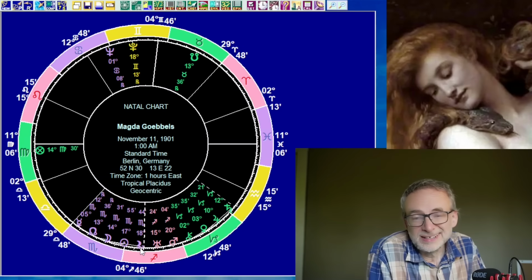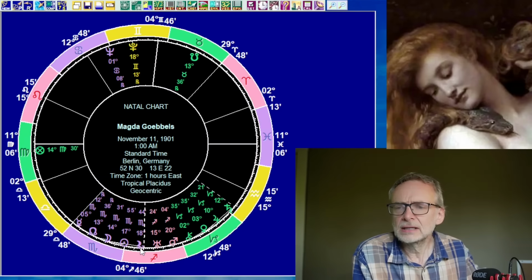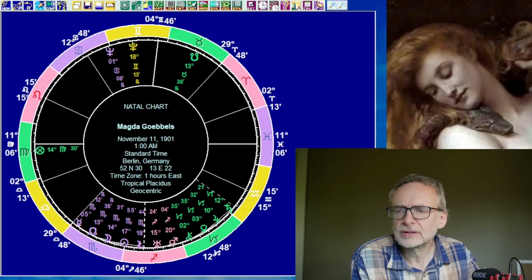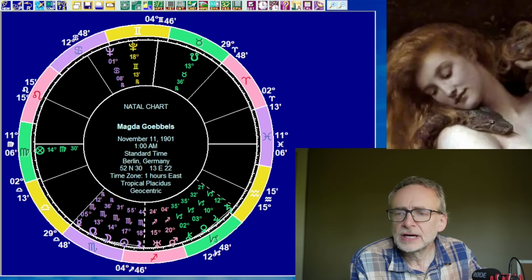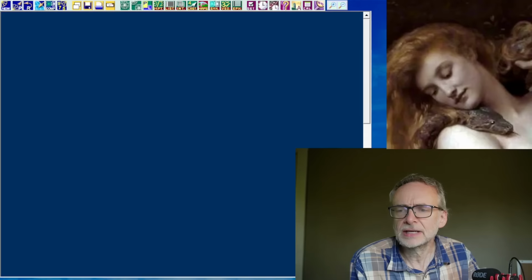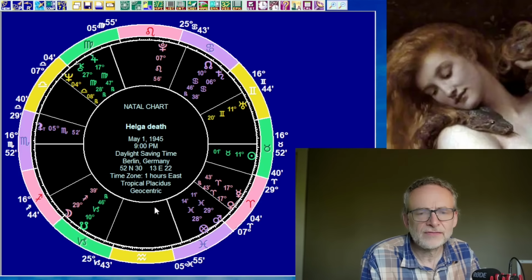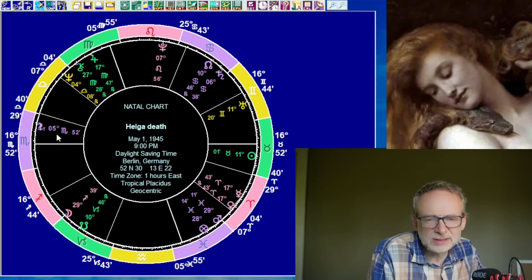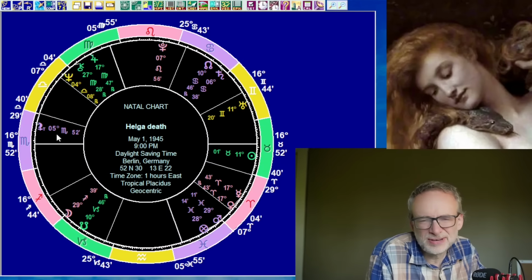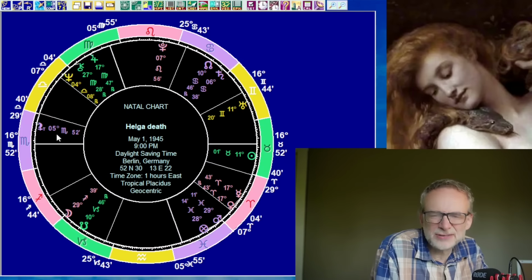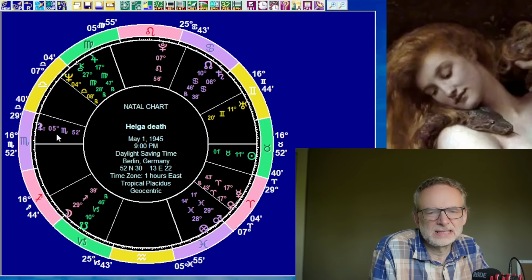I think it happened at night, and that's kind of what you'd expect. I tried to work out what time it would happen: roughly 9 p.m. on May the 1st, the day after Hitler committed suicide.